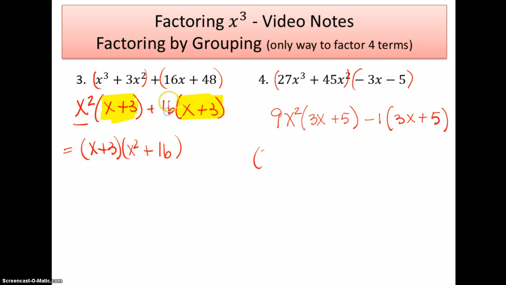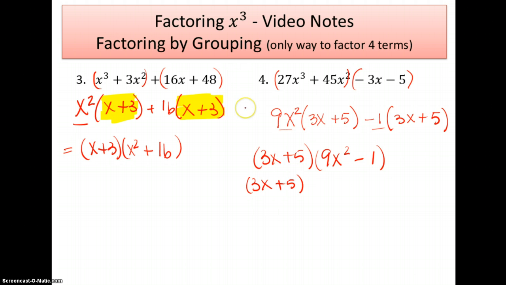I take out the 3x plus 5, and I'm left with 9x squared minus 1. So I want to see, can I factor any further with either of these quantities? Well, 3x plus 5 doesn't factor. But notice that 9x squared minus 1 is the difference of two squares.